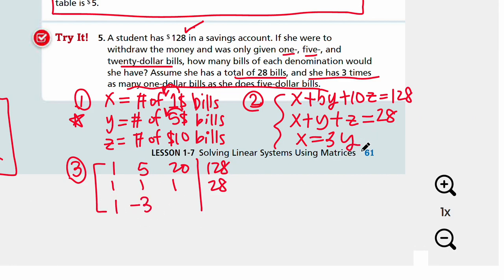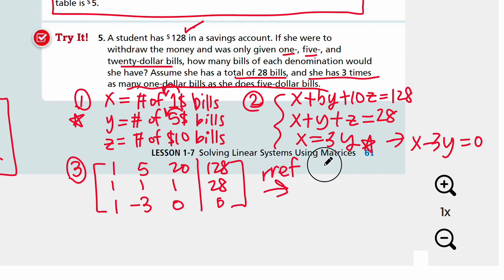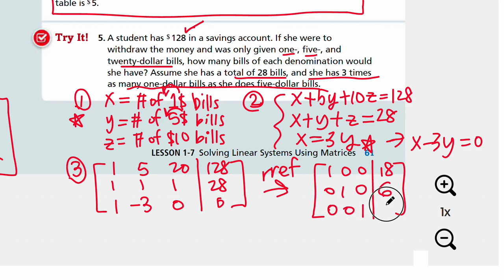This is not in standard form, so you have to change this to standard form. x minus 3y is equal to 0, and then 0z is 0. Okay, and then you solve for reduced row echelon form, and you should get 1, 0, 0, 18; 0, 1, 0, 6; 0, 0, 1, 4.